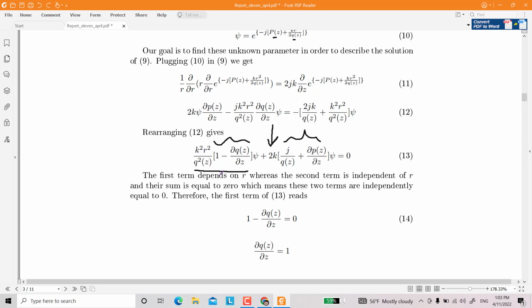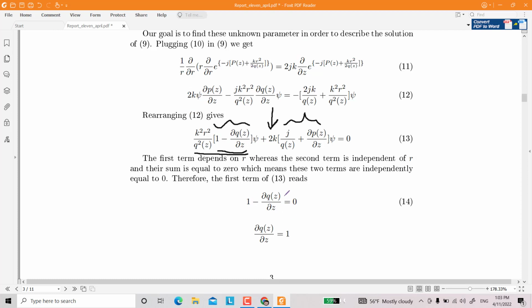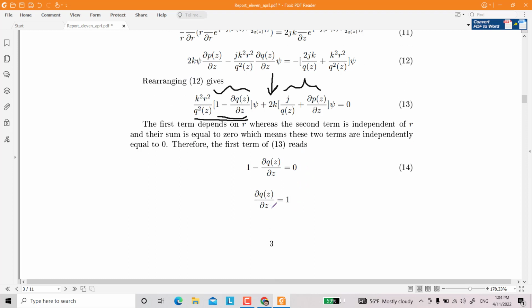Then the only possibility is that this term in the square bracket is 0. Obviously the only possibility is to make it 0. If we do this, we come up with this first order differential equation with independent variable z and dependent variable, the solution q of z.